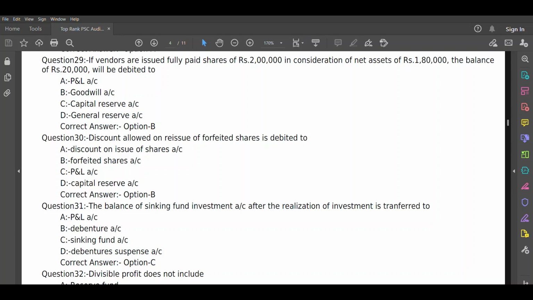The balance of sinking fund investment account after the realization of investment is transferred to sinking fund account.